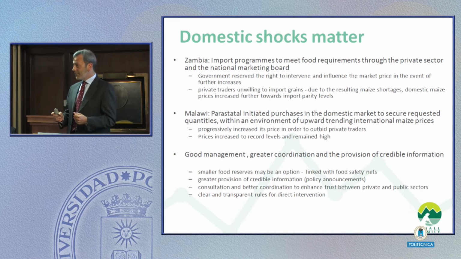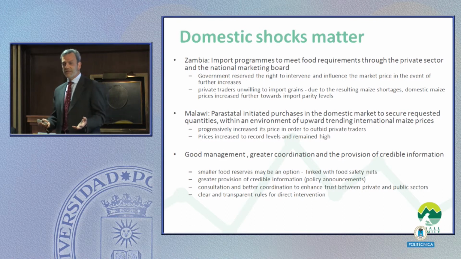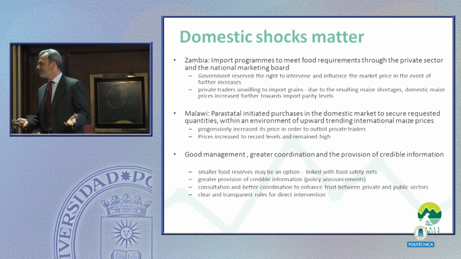The government said, I'm sorry, during these times we cannot give you this kind of guarantees, and the private traders withdrew. They didn't import anything. The government didn't have the money to import the 200,000 tons, so prices went up.